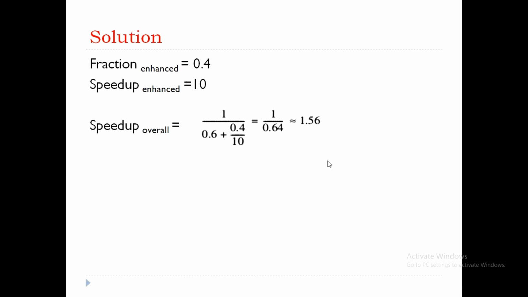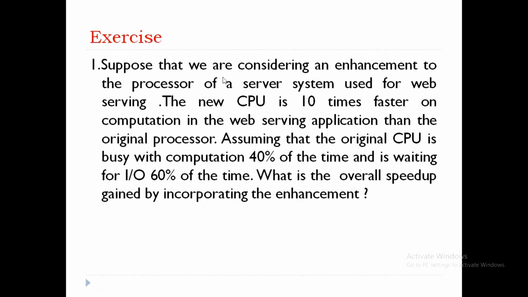So the solution: fraction enhanced is equal to 0.4, because the original CPU is busy with the computation 40% of the time. That means 40% of the time the machine is busy, so that is the fraction enhanced.